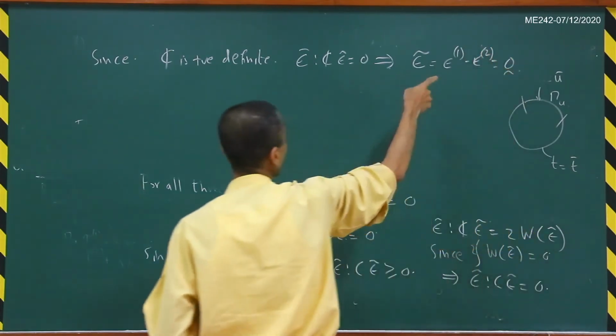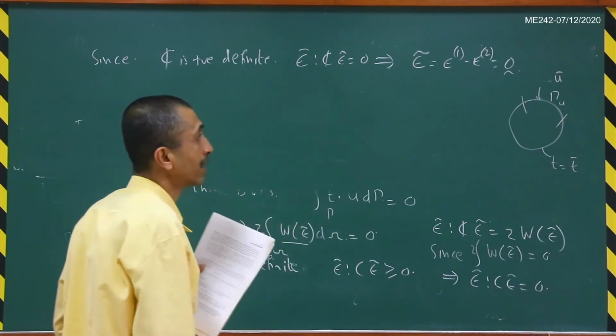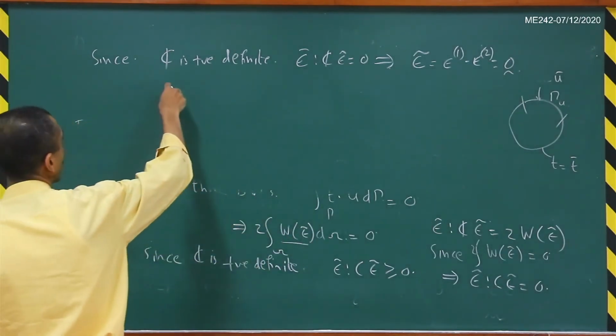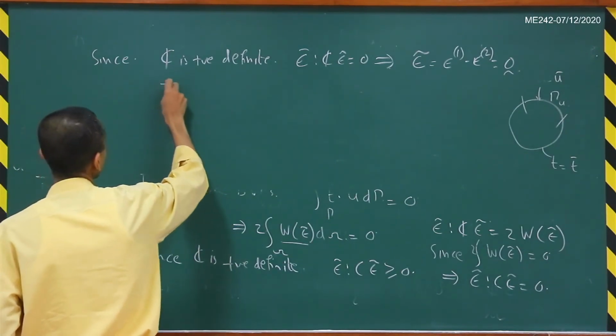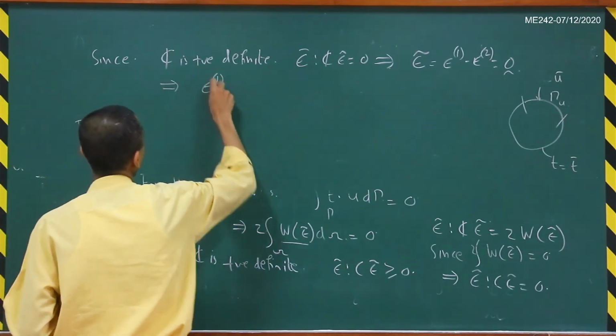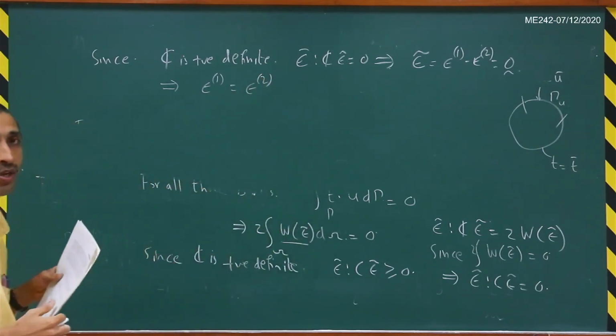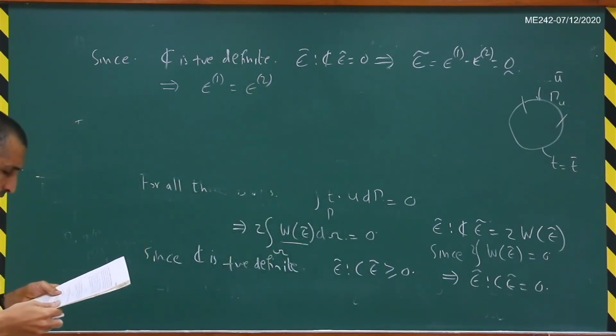Okay? And so we have now shown that in all three types of boundary value problems, epsilon 1 is equal to epsilon 2. So we have shown the uniqueness of the strain field, right?